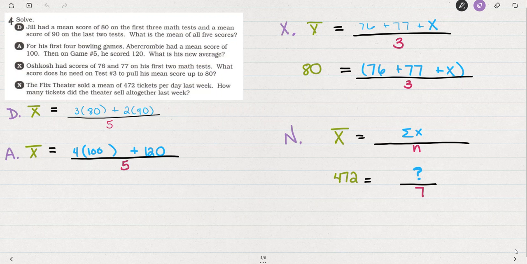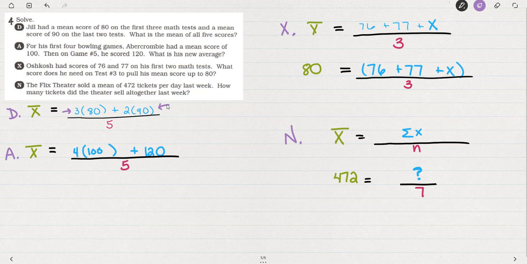Just in case you do need a little more explanation, let's look at example D. We've got for example D a mean score of 80 on the first 3 tests, and then a mean of 90 on the last 2 tests.